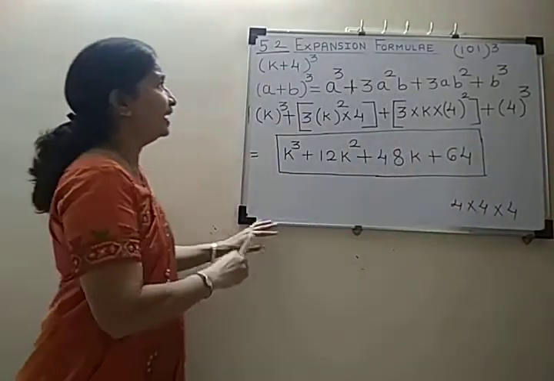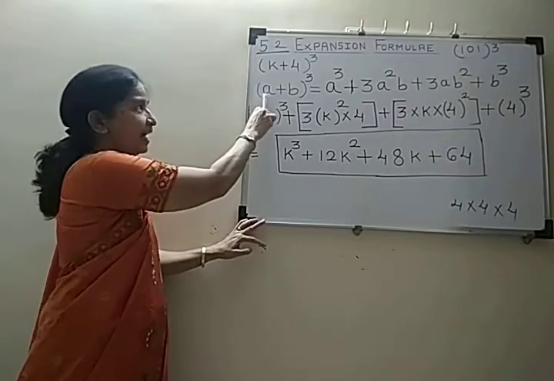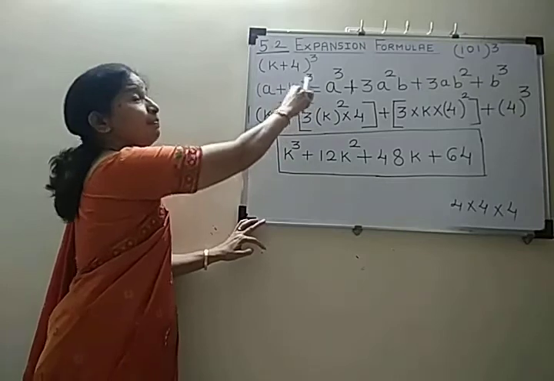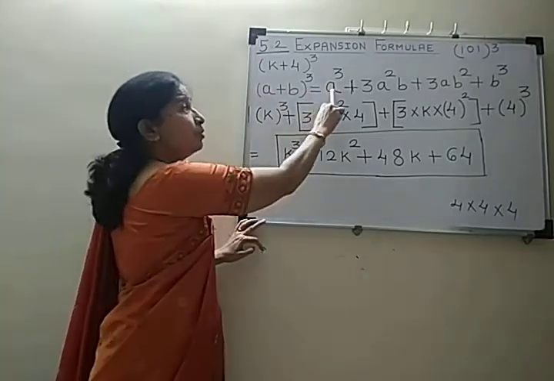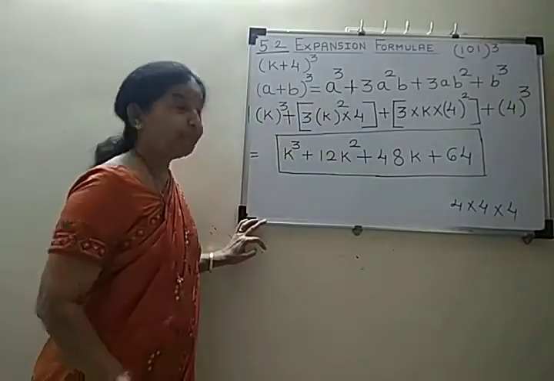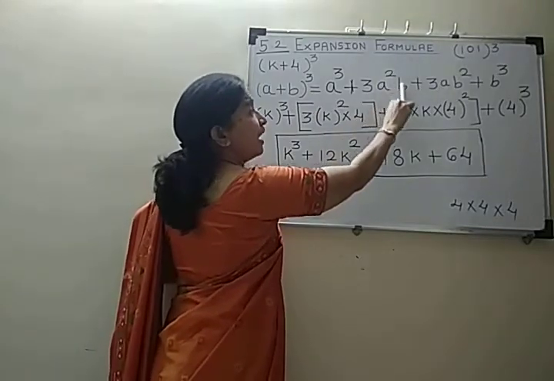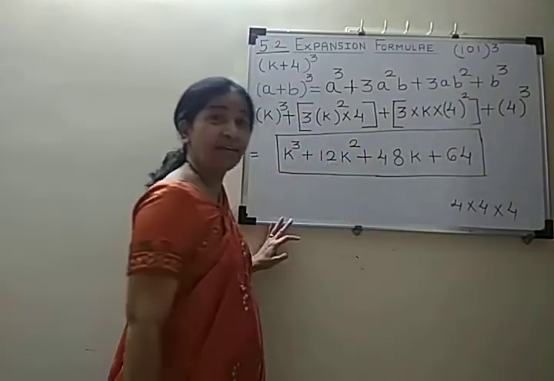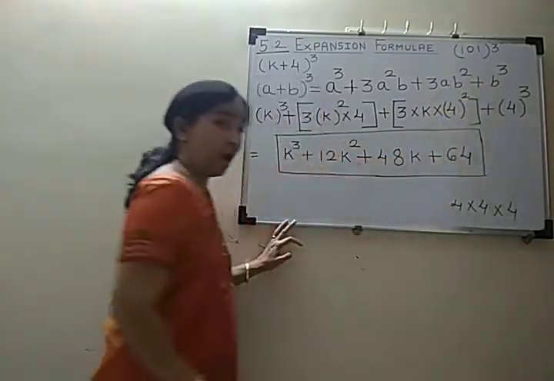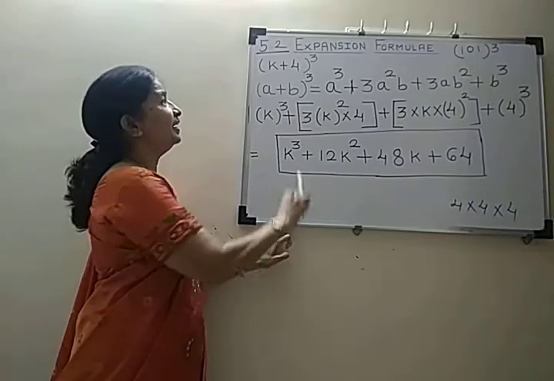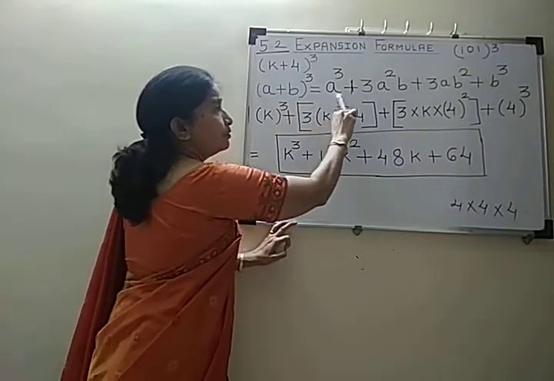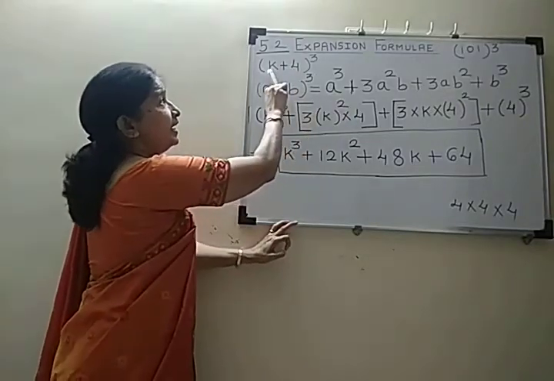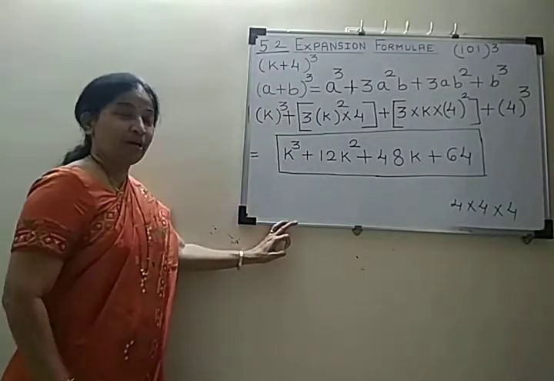Now see here, they have given us a formula. Which formula have they given to apply? (a + b) whole bracket cube is equal to a cube plus 3a square b plus 3ab square plus b cube. How did we apply it? So, observing this formula, we applied it on this example.